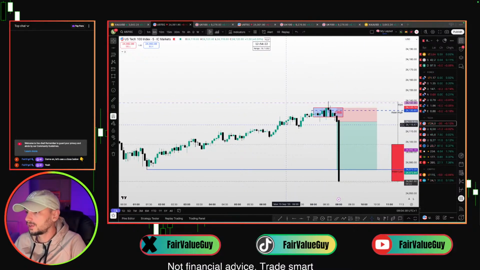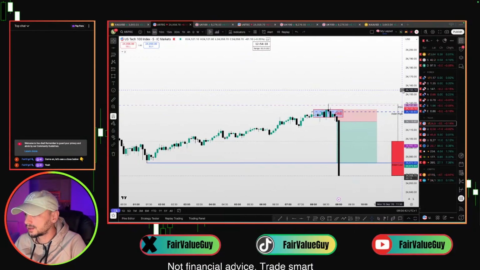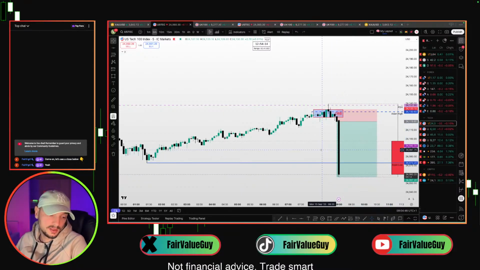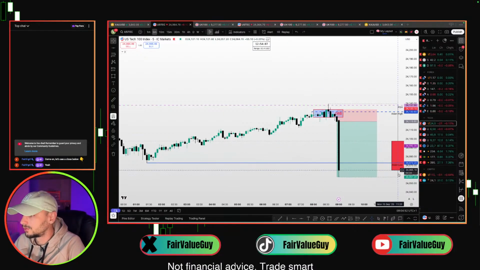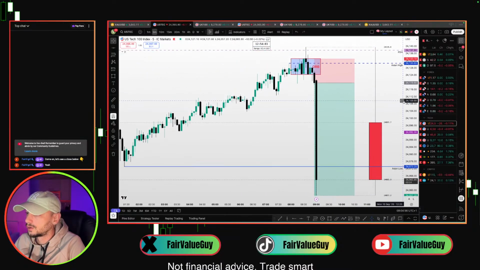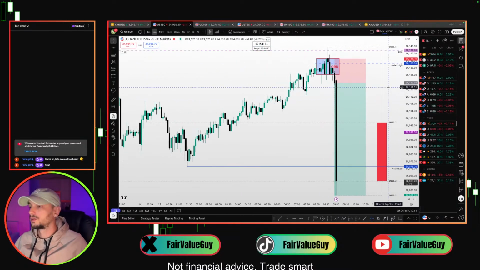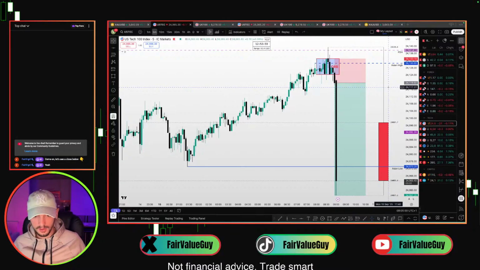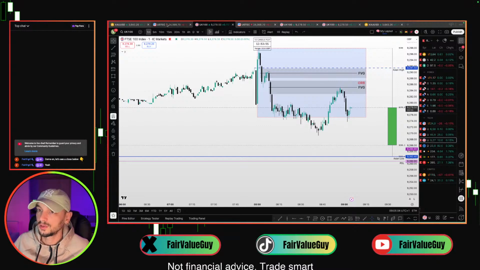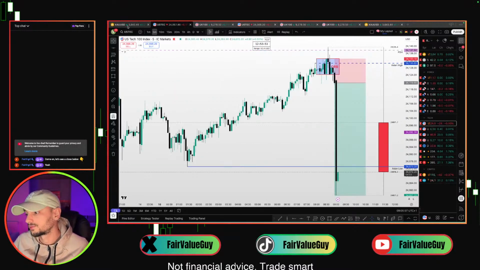We took the previous day high, we closed one candle below the ORB, and the next 5-minute candle literally made a 4.7 move. Okay, a bit unfortunate today, but that's that.